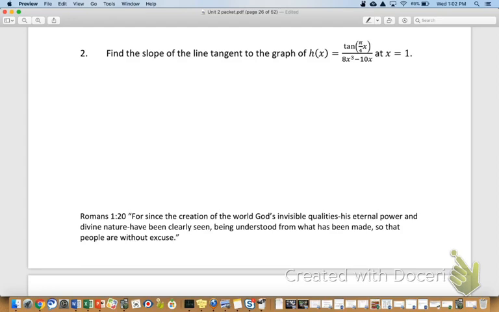You think you have it? I don't have the answer memorized. How would I simplify that? So this is asking you to go one more step. I can clearly see you've done a quotient rule, so that's good. It wants to know the slope of the tangent line at x equals 1.